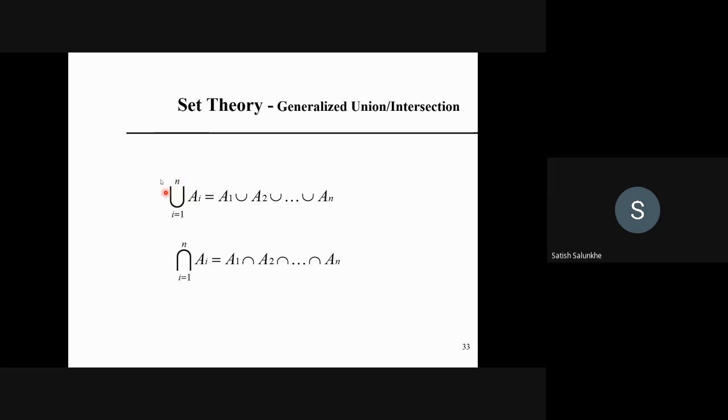So in a generalized way, you write i equal to 1 to n. There are n sets, and A is just a terminology like A1, A2, A3, and An. And what you are doing is A1 union A2 union dot dot dot An. That's it. Nothing new. So we don't want to go into this. Let's go ahead.